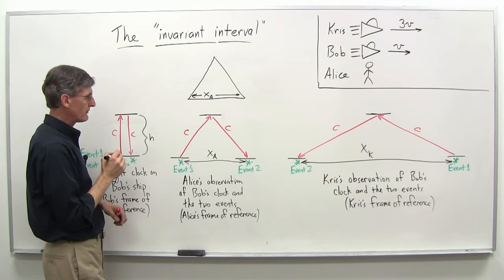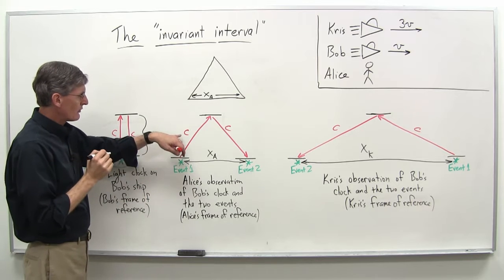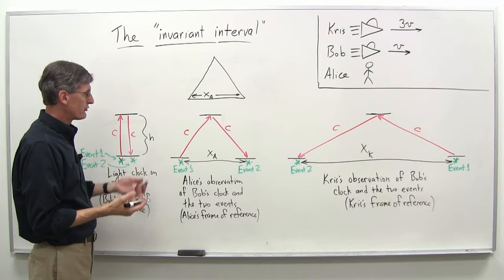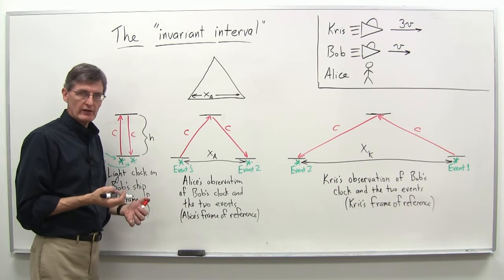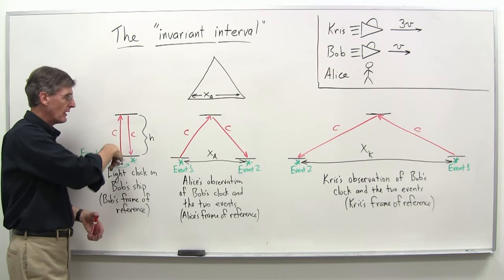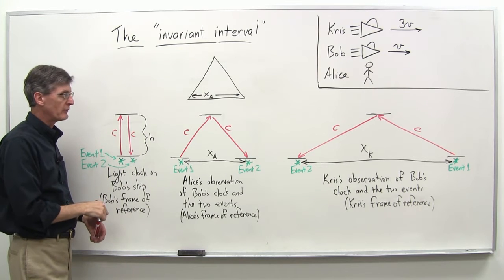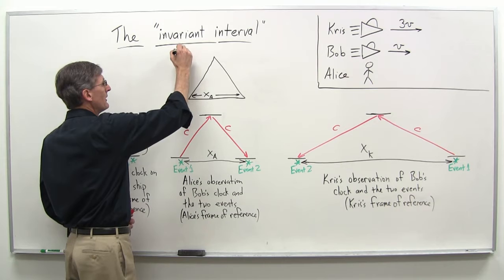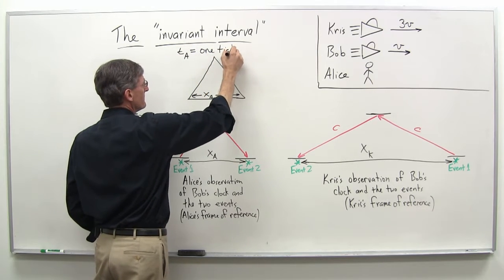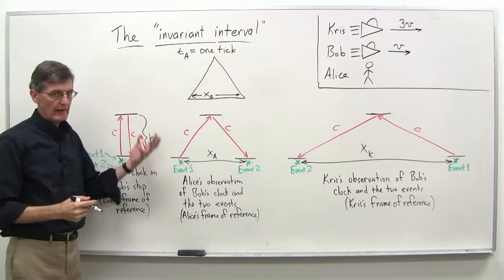And we said that the speed of light is c. We will assume that one tick of the clock is a round trip, up and back again. We didn't put that in there, but we'll define t sub a equals one tick of the clock from Alice's perspective.